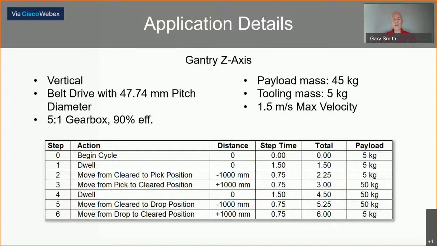At that point in time, we're going to begin making our lowering and raising moves to pick up and drop off the part. We're going to travel 1,000 millimeters, worst case, in 0.75 seconds. And that payload will vary between 5 kilograms and 50 kilograms.